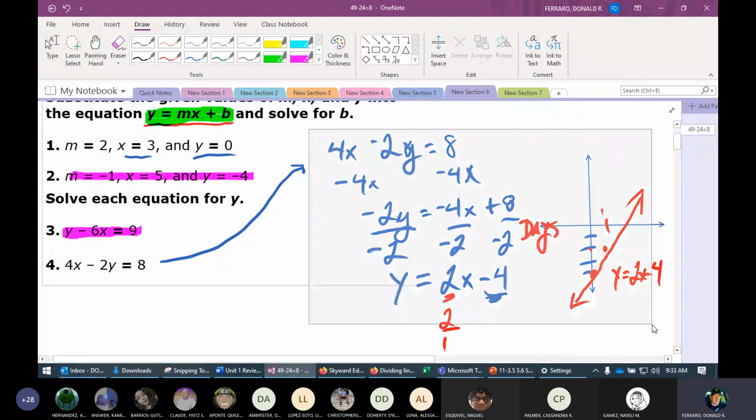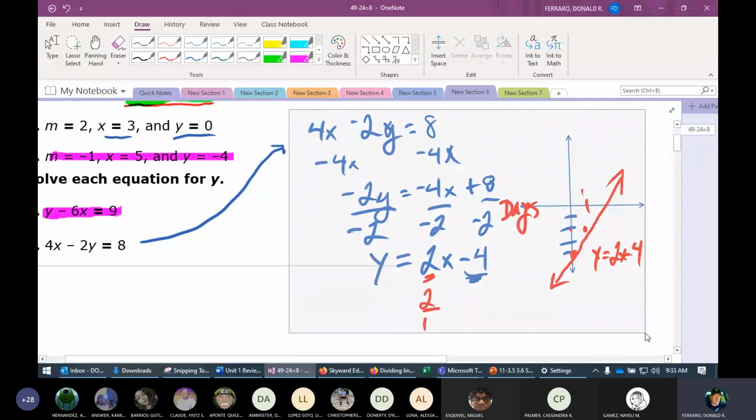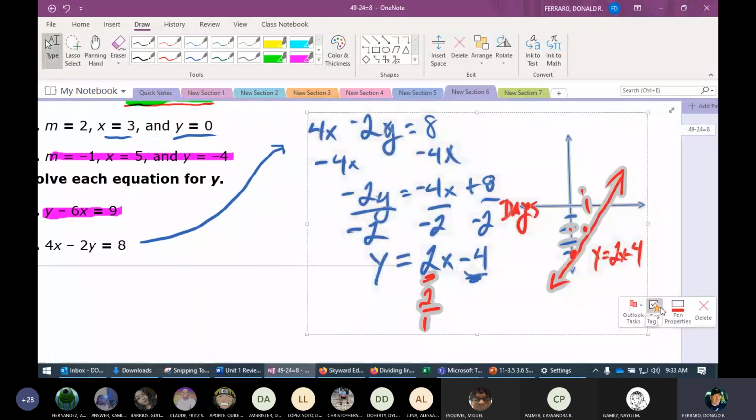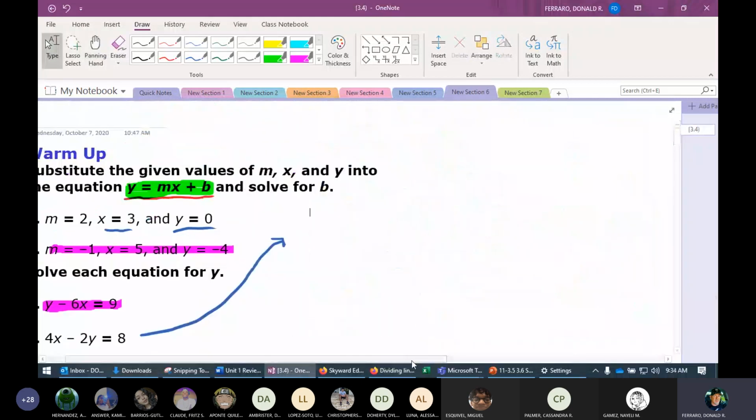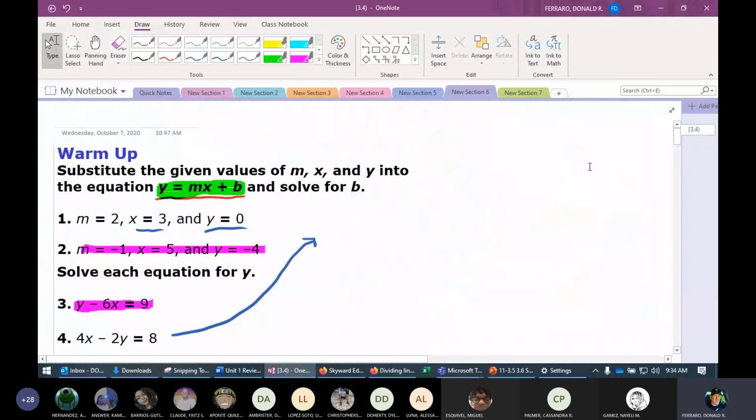I'll show that to you guys another day, but I want to get into this review. So slope is very, very important. And when we're looking at slope, let's talk about parallel lines real quick. Let me come down here.